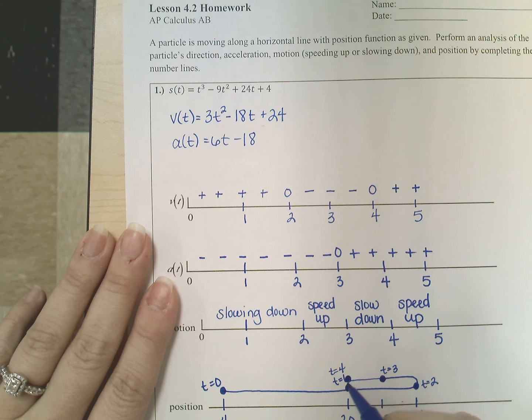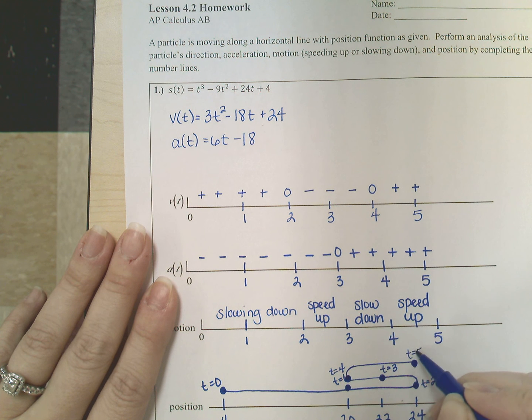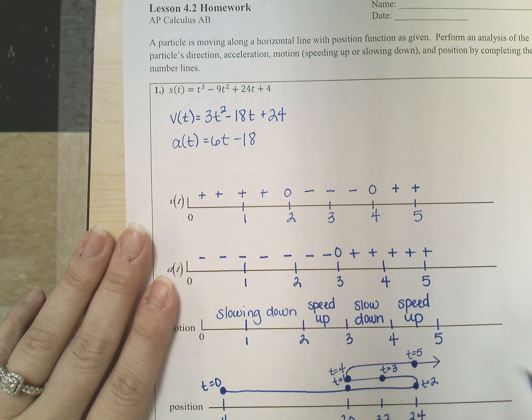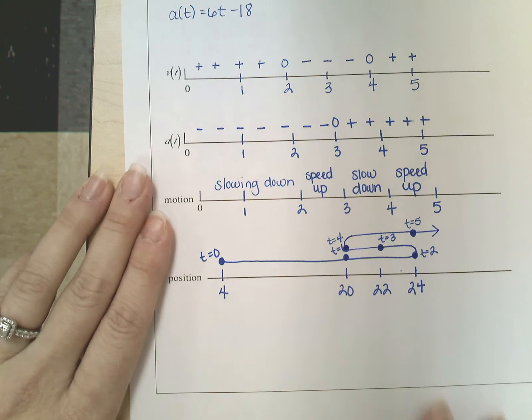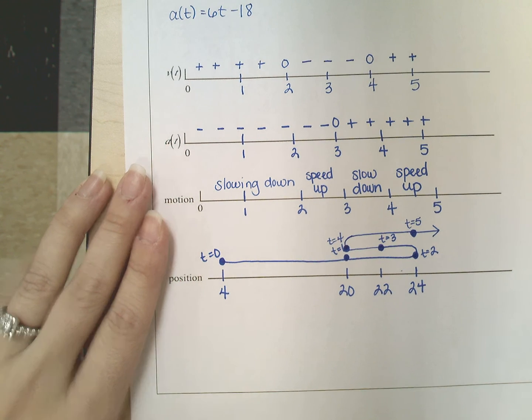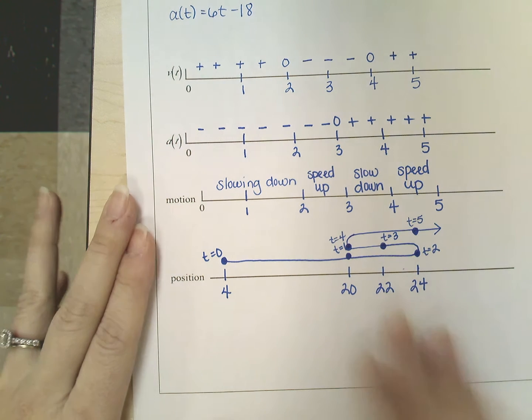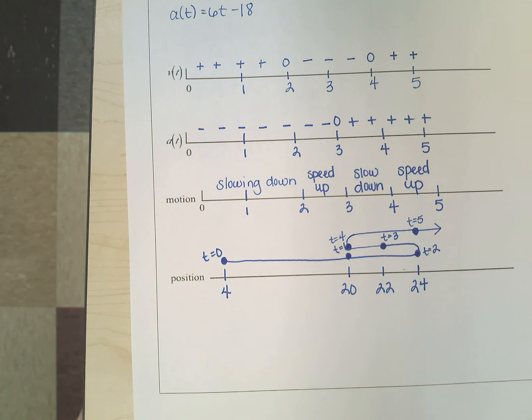And then the particle stops and turns around again and lands at 24. So that's just showing our particle's motion. That's an example. Hopefully that helps you with the first problem on your homework. If you have questions, be sure to ask me in class. Thanks.